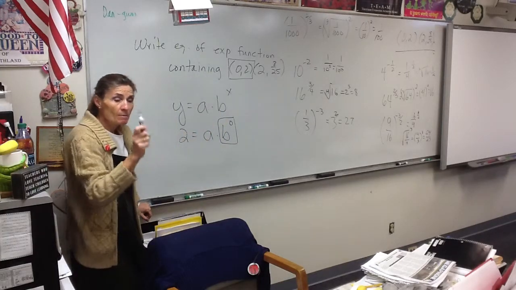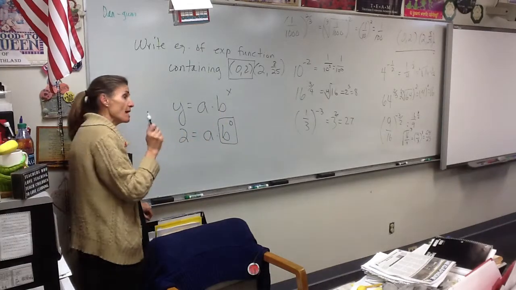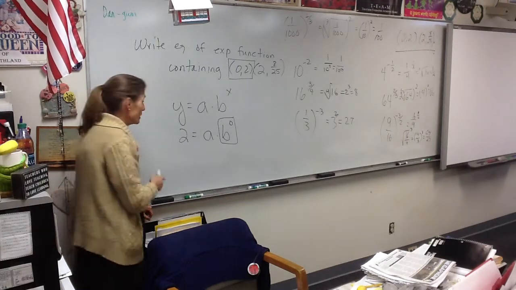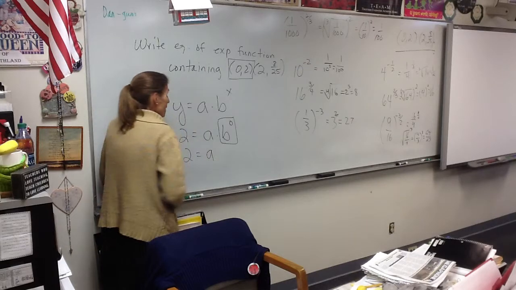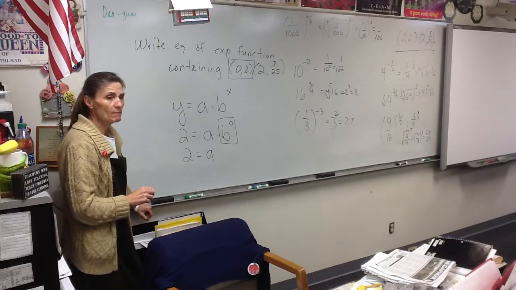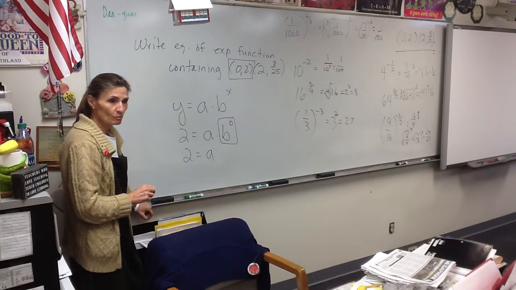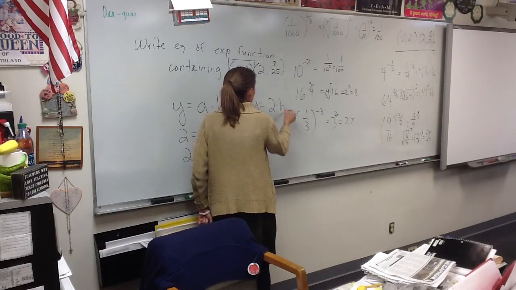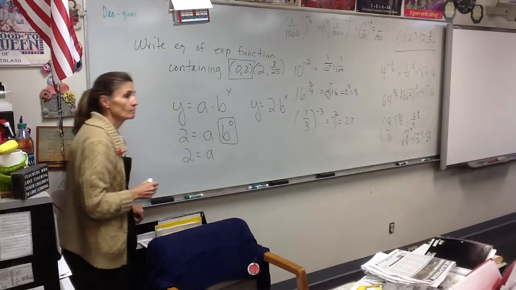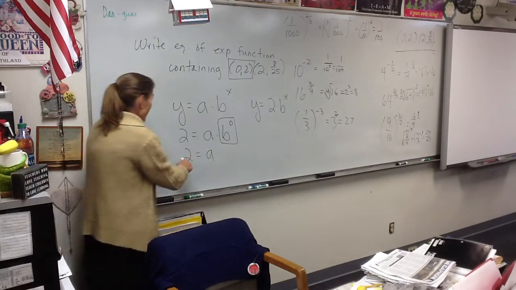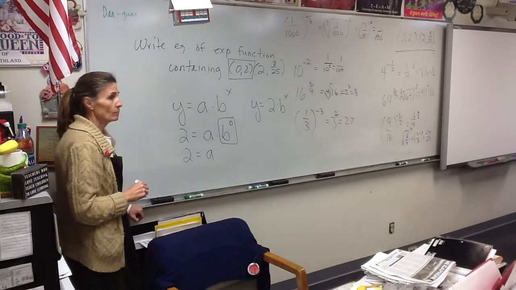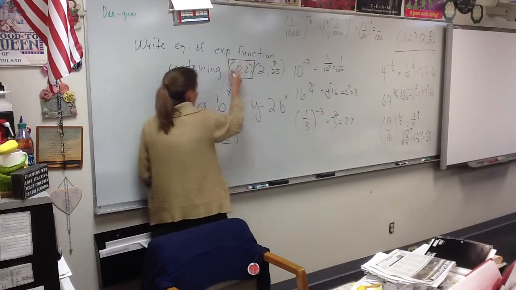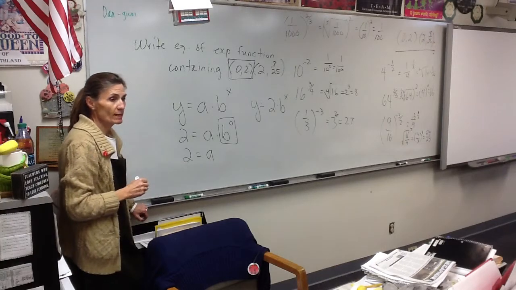That's 1, because we all know that anything raised to the 0 power is 1. So what does that tell me about the a value in my equation? It's 2. So now I have y equals 2 times b to the x, because a is 2. When I do an exponential, I'm always going to start with the point that has a 0 in it.